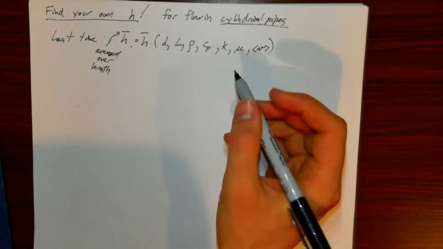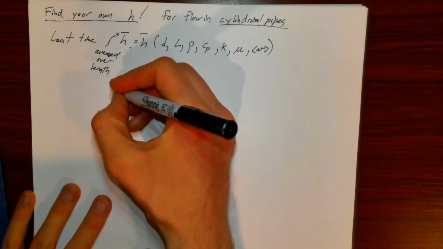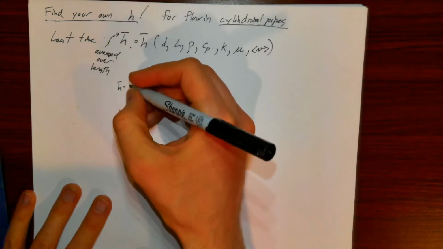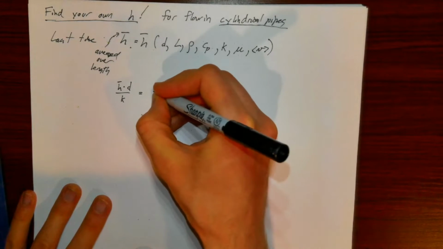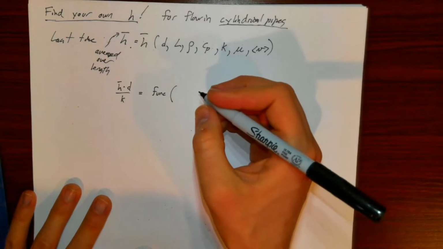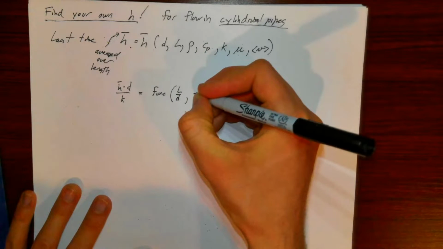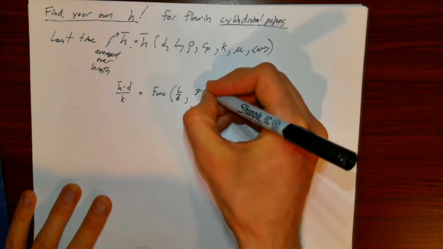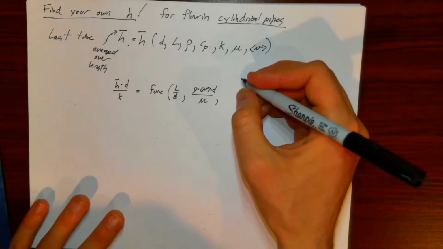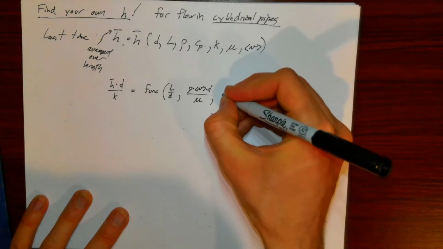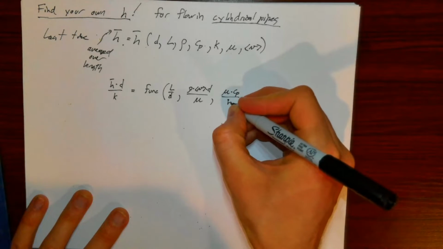So this is a ton of variables, and we said, hey, wait a second, we're not actually going to do it this way. We're going to do it instead by saying that h bar times the pipe diameter divided by the thermal conductivity of the fluid is going to be a function of three non-dimensional groups: the length over the diameter, the Reynolds number, which is density times average velocity times pipe diameter divided by fluid viscosity, and the Prandtl number, which is mu times Cp, specific heat, over the fluid's thermal conductivity.